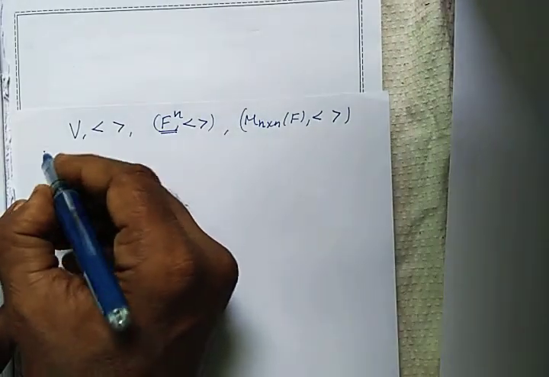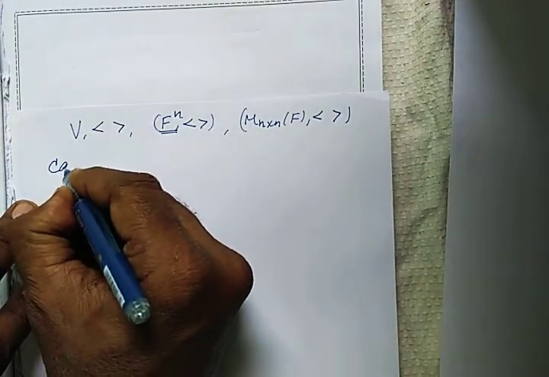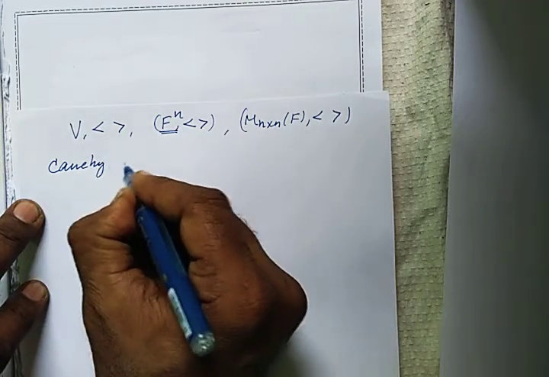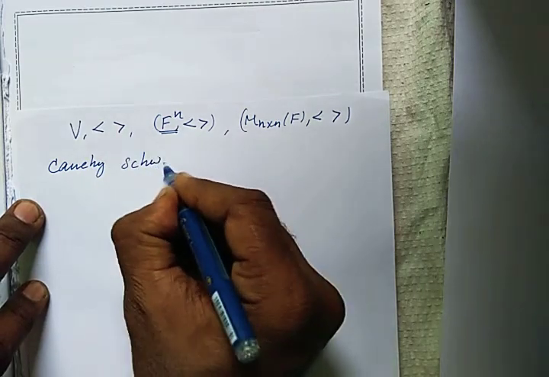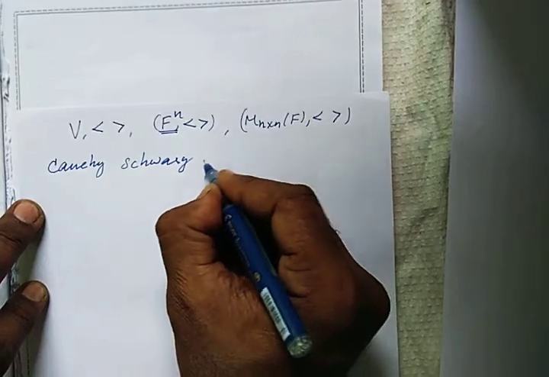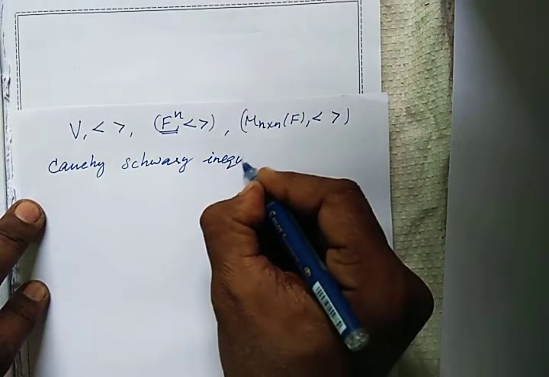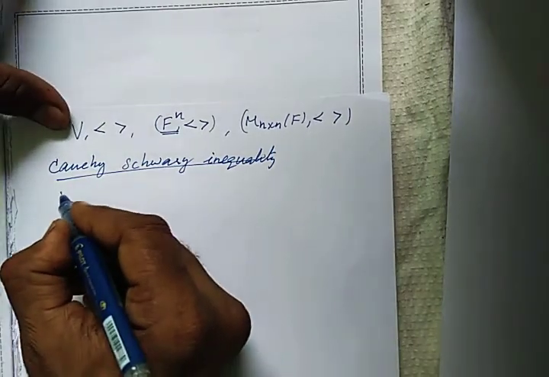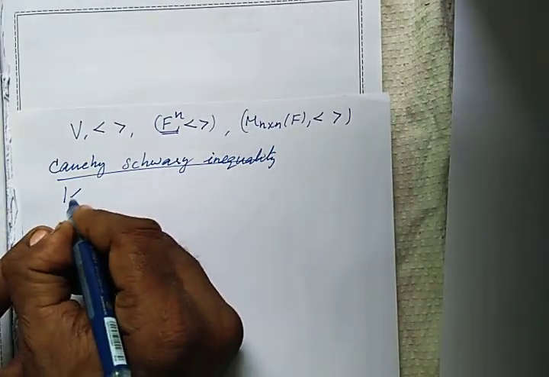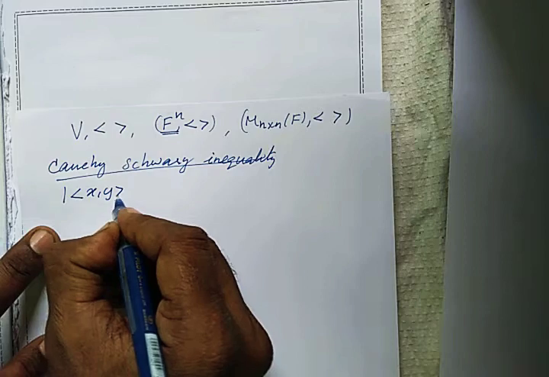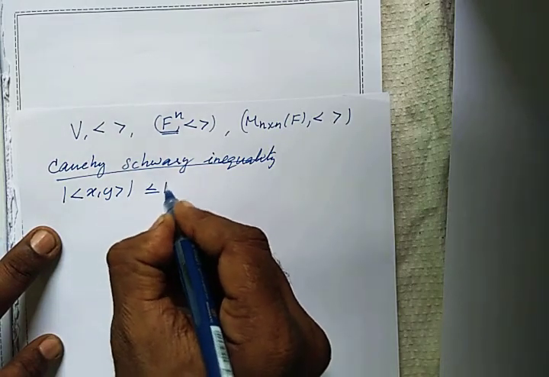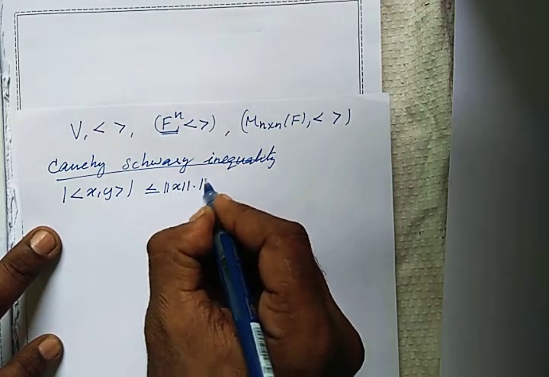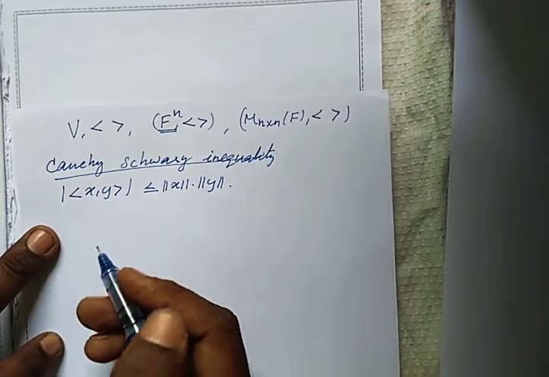Earlier, we have seen the Cauchy-Schwarz inequality. What is the Cauchy-Schwarz inequality? It is: modulus of the inner product of x comma y is less than or equal to norm x into norm y.